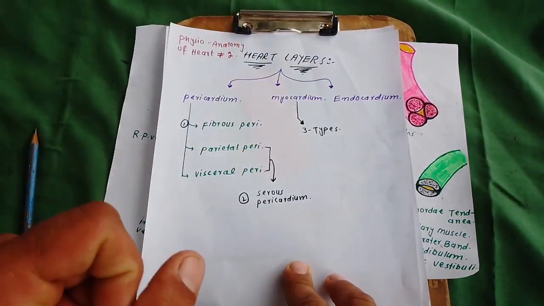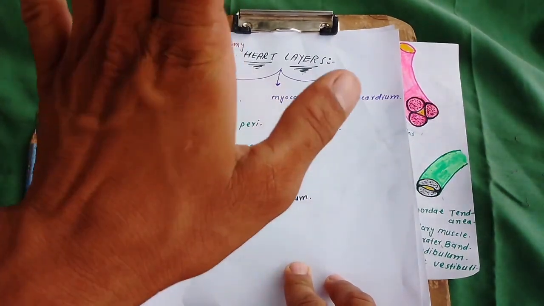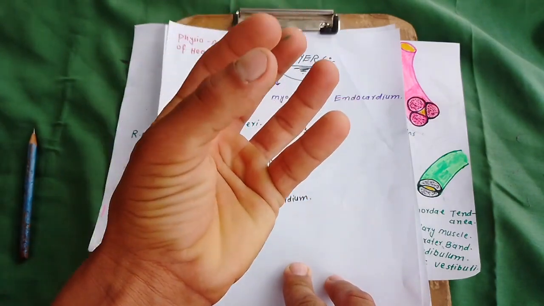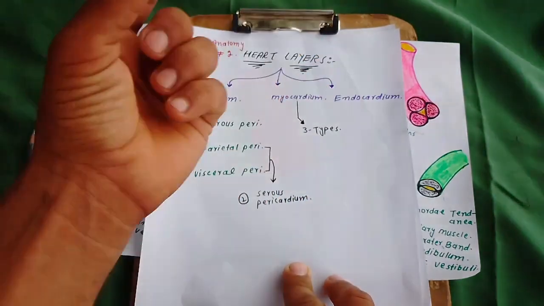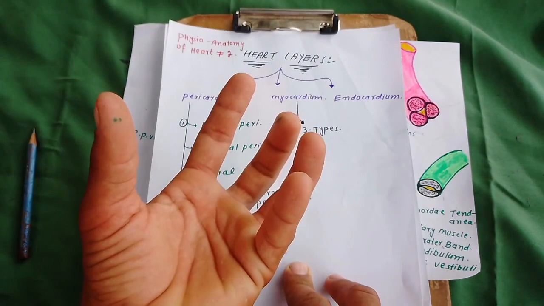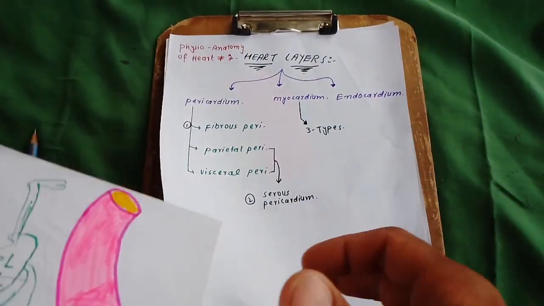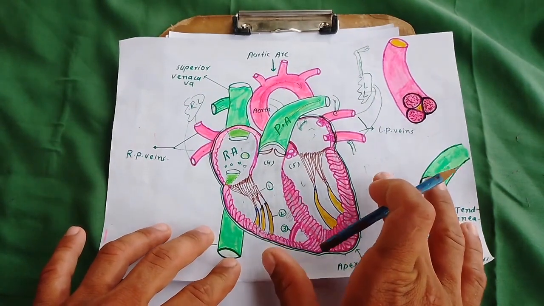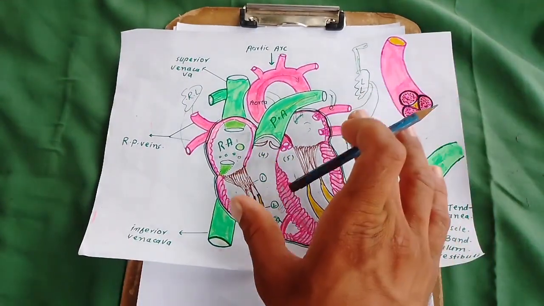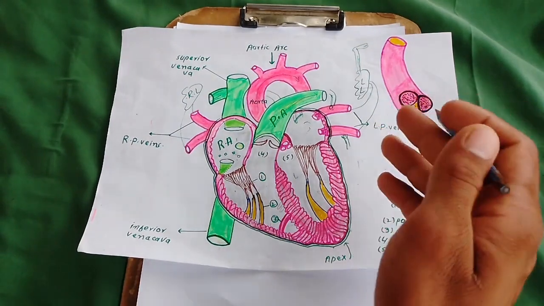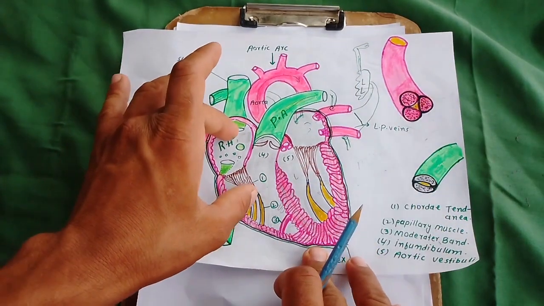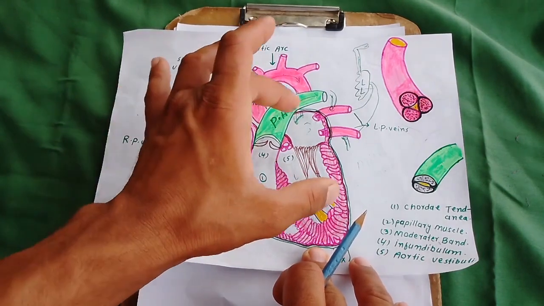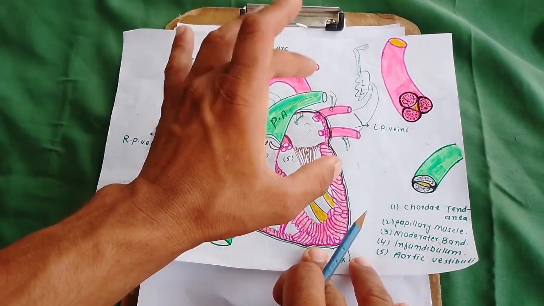In class number 1, I already explained the physiology of the heart, the chambers of the heart, the walls of the heart, and the blood flow mechanism. This is a copy of the page from lecture number 1, in which we explained the chambers of the heart: right atrium, right ventricle, left atrium, left ventricle.